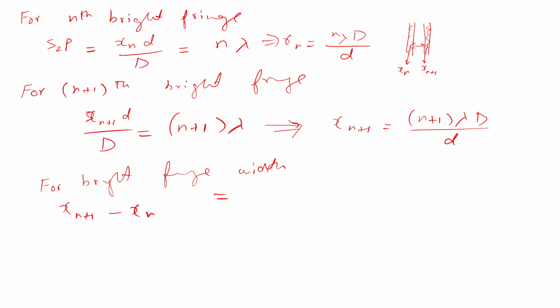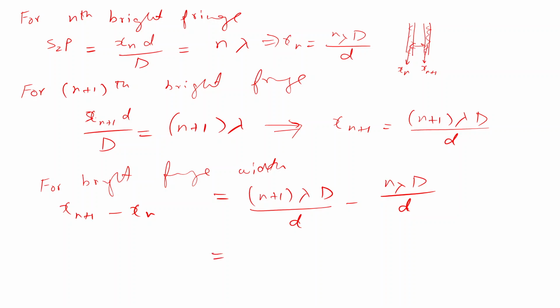For this difference in position, we'll get n plus 1 times lambda times capital D divided by small d minus n lambda times capital D divided by this small d.